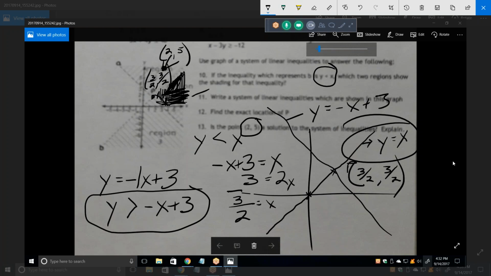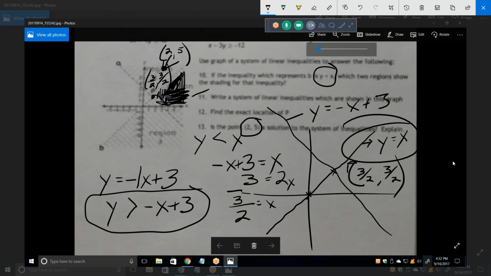What if they'd have said 2 comma 3? Well, I'm not so sure whether I'm above that slanted line or not. Well, if the y coordinate's greater than the x coordinate, I'm above that line, right? If the y coordinate is equal to the x coordinate, I'm on that line. That line is y equal x. That line with positive slope there. So as long as the y coordinate is bigger than the x coordinate, then I'm above that line.